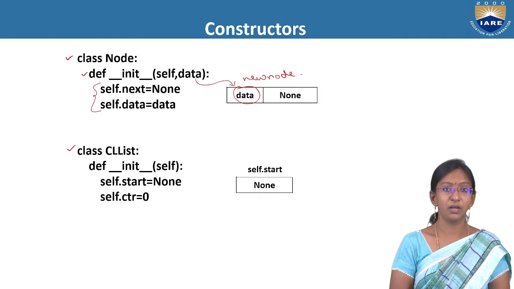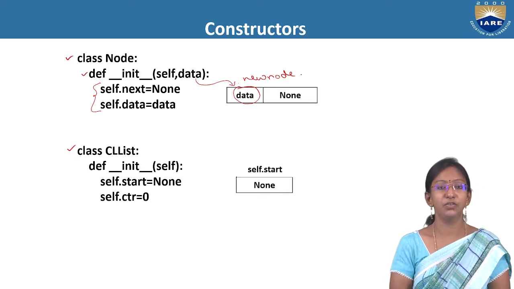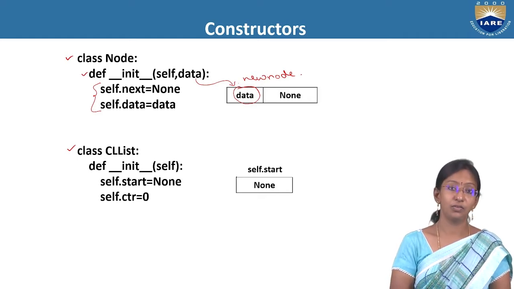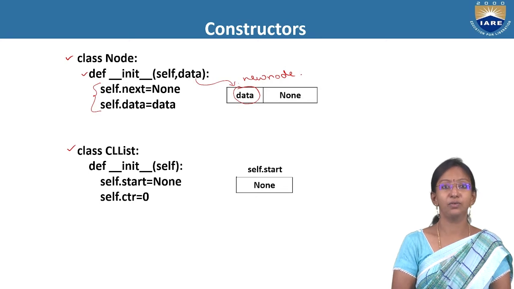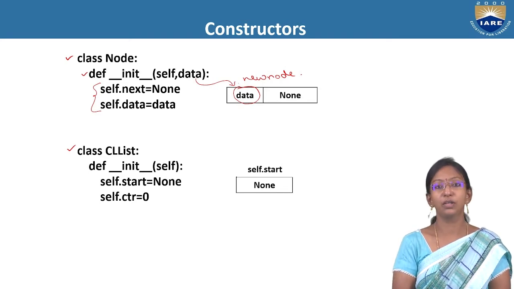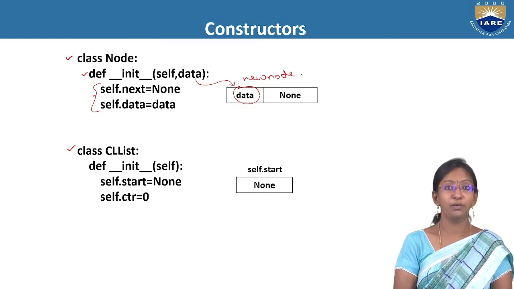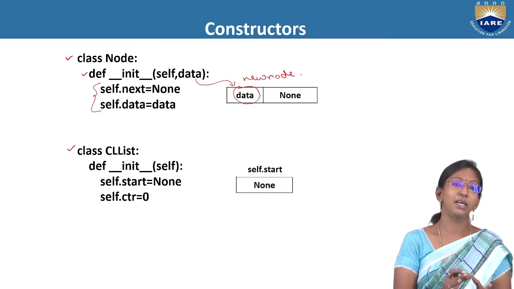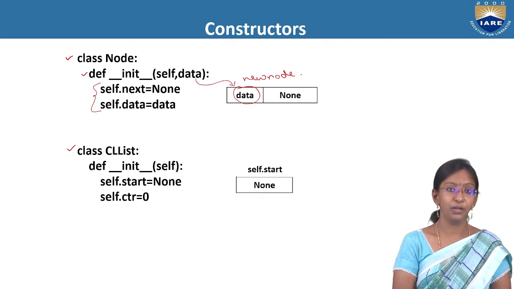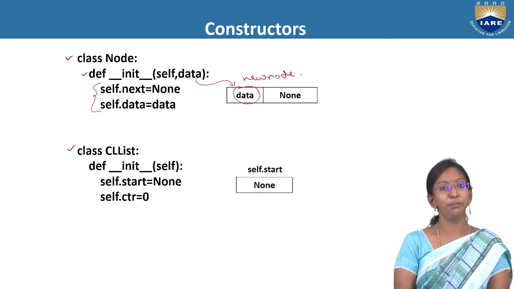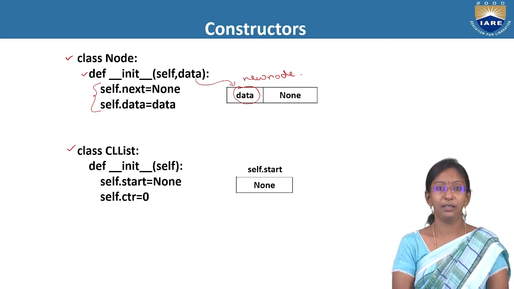Everything is very easy, but its basic limitation is that it does not have any index values. As the data is not stored in contiguous memory locations, we cannot assign index values to the nodes, just like we assign index values to the values present in an array, right? So that is the basic flaw in a linked list.